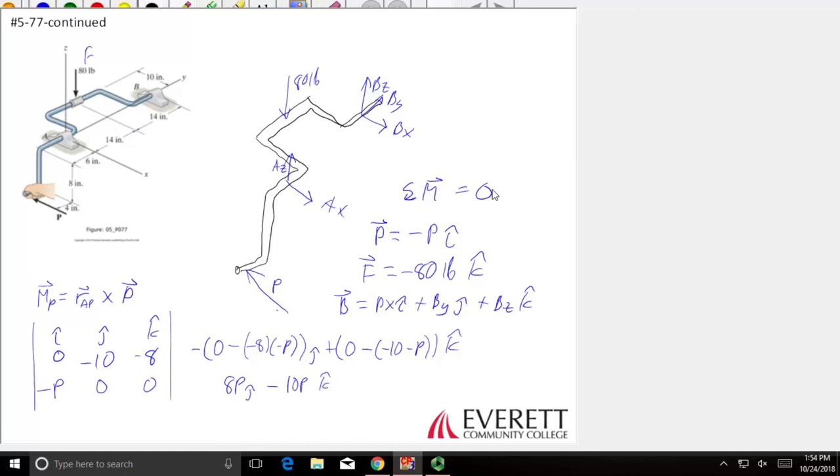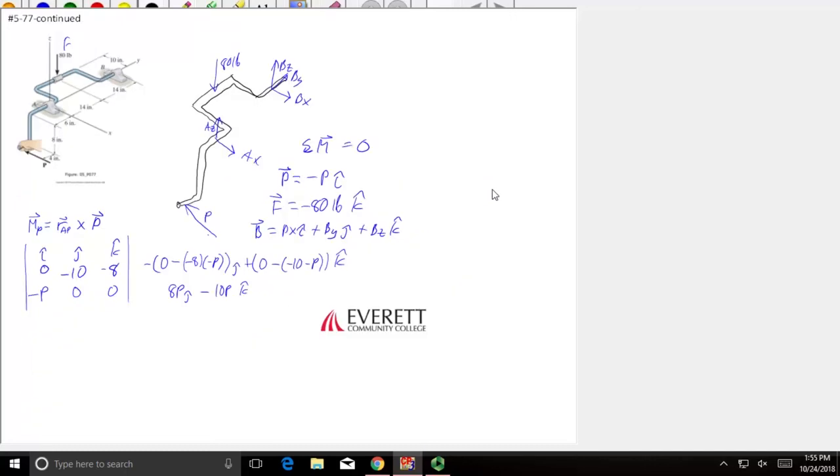Okay, then we're going to do the same thing for the 80 Newton force. We're going to have r_AF. If we're going from A to F, we're going to go positive j, 14. So the moment about the 80 force is going to be equal to r_AF crossed with F. For the r, I'm going to walk in the positive Y direction 14, and in the negative X direction 10, but nothing in the k.